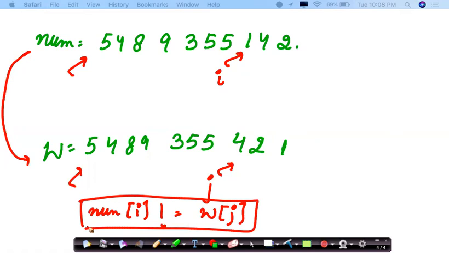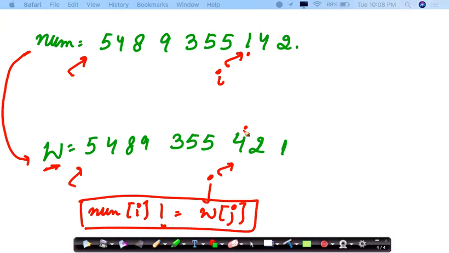Okay, after finding this point, we want to make both of these numbers equal, right? So let's find in the second number, where is the digit that we want to be placed over here? We want 1 to be placed over here. So let's try to find 1 in the second number. Let's traverse the second number further.